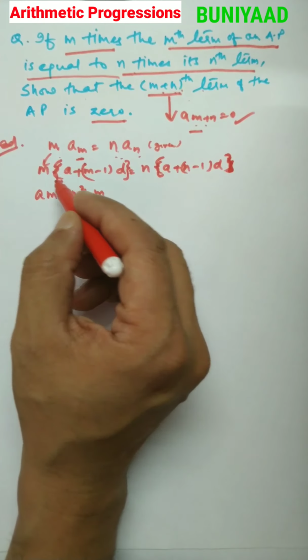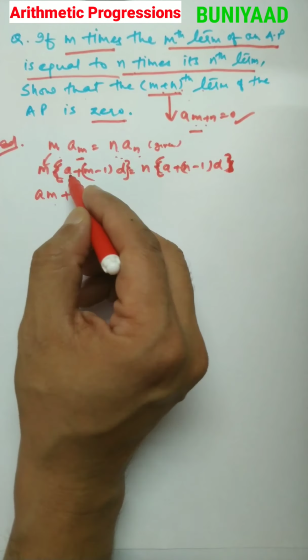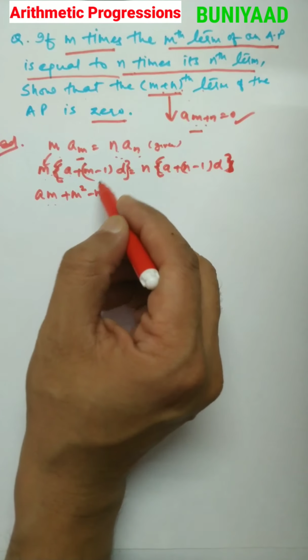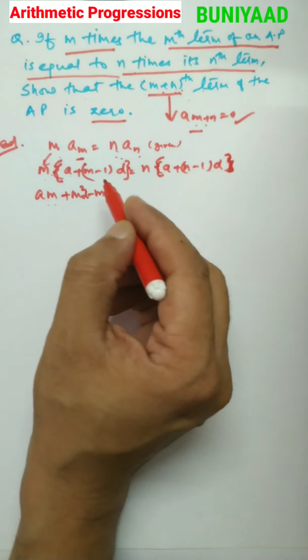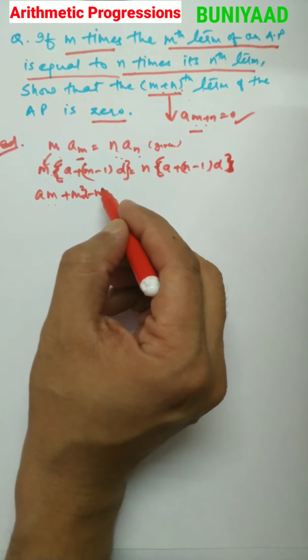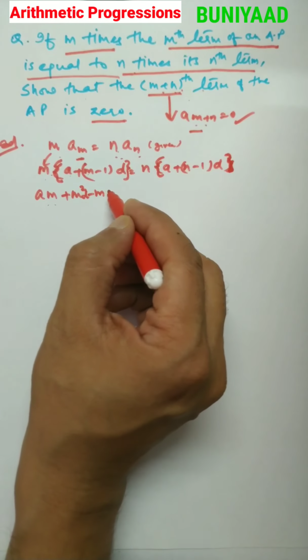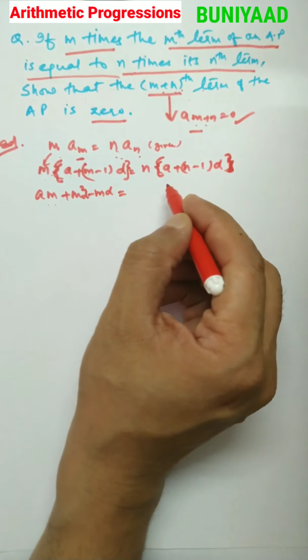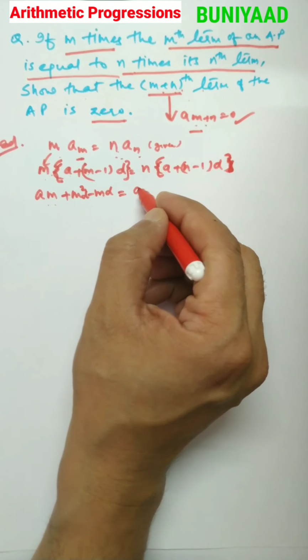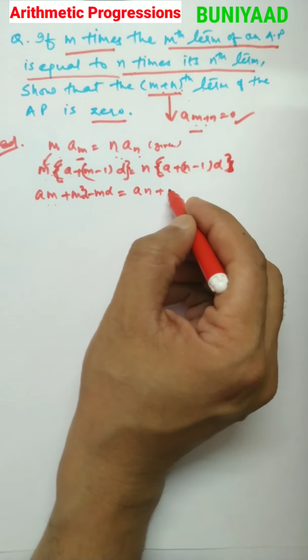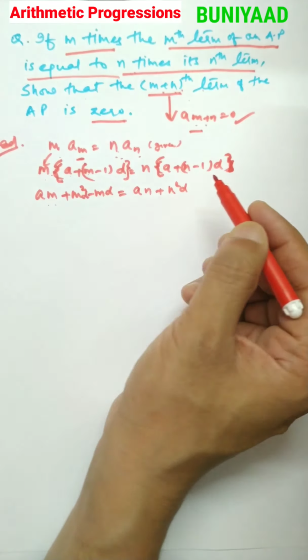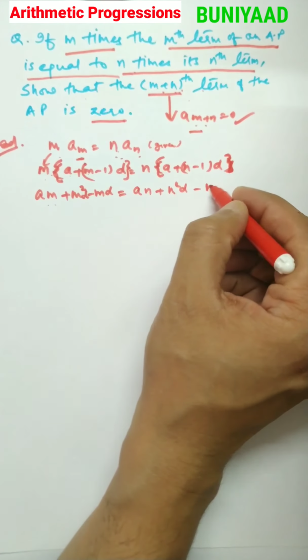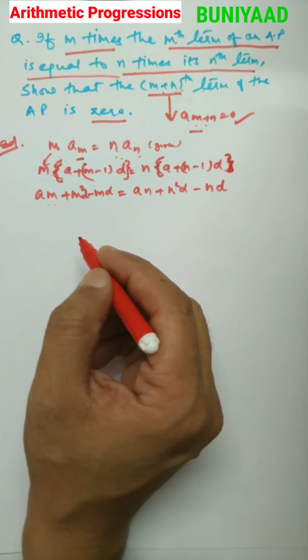Now you will multiply it by the terms: am plus m square d minus md, that is equal to an plus n square d minus nd.